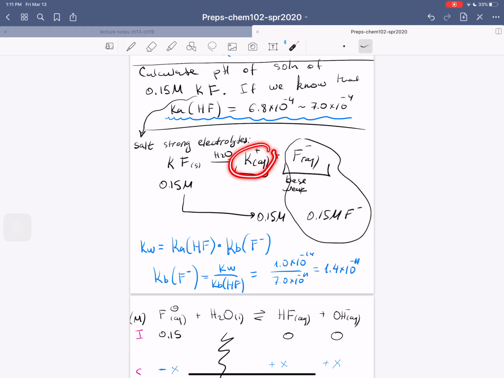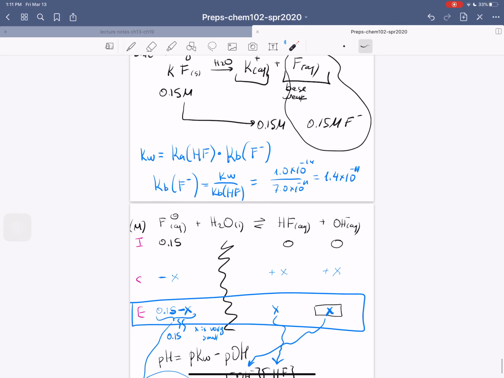Potassium plus will not react with the water, for the reason that we'll discuss in the next video. Alkali and alkaline earth metals don't react with water, they are spectator ions. Fluoride, though, will react with the water because it's a conjugate base of a weak acid, hydrofluoric acid.